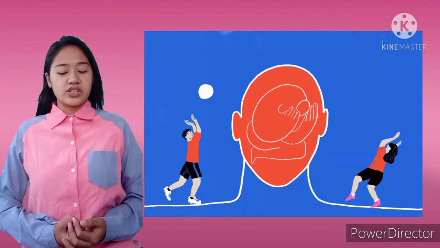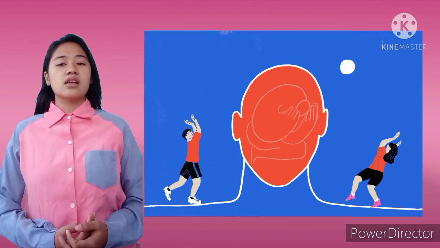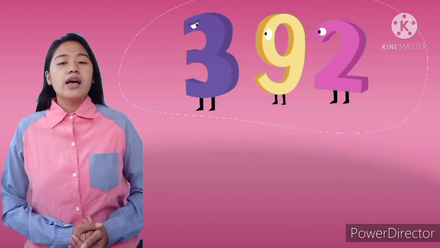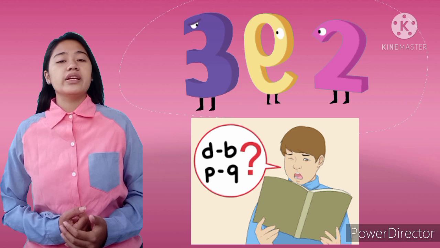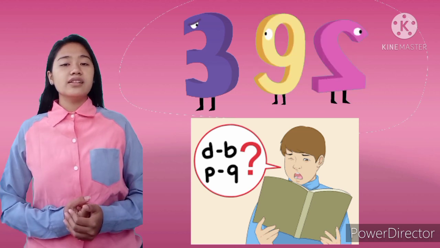It is often diagnosed for many years and results in trouble with reading, grammar, reading comprehension, and other language skills. For example, a dyslexic person may read the letter B and write it on the paper as letter D.